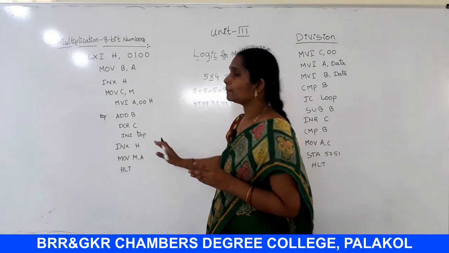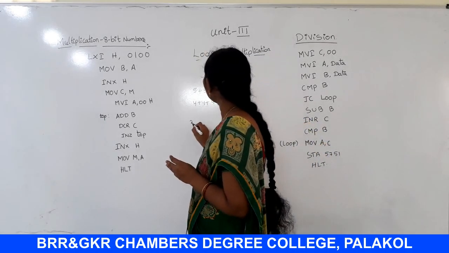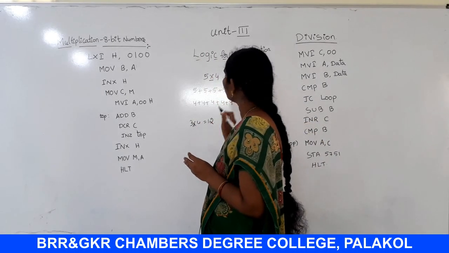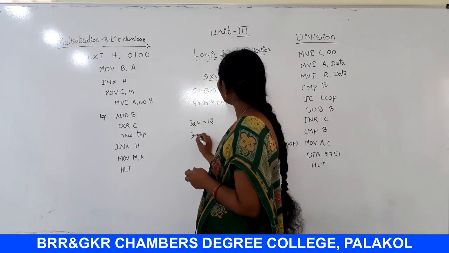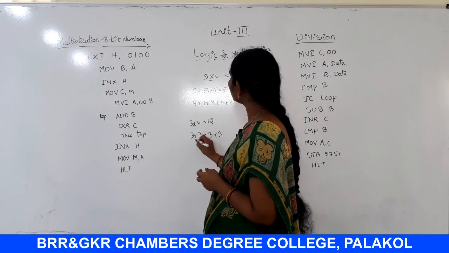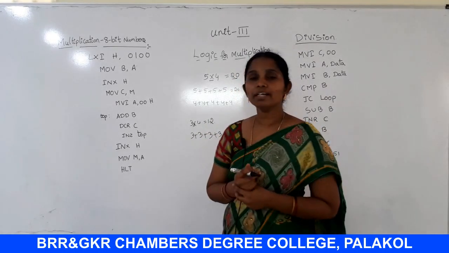For this purpose I consider 3 into 4, that is 12. 12 is nothing but 3 plus 3 plus 3 plus 3, that is, if we add 3 four times, we get the number 12.